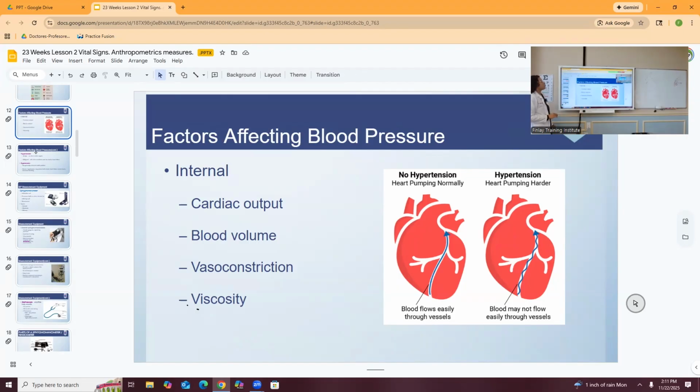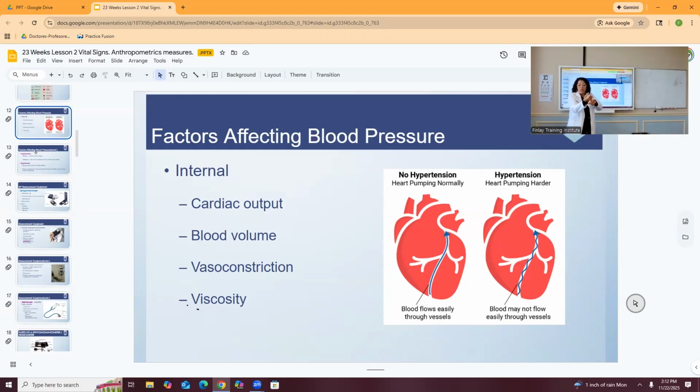What can affect the blood pressure then? When we measure the blood pressure, we have to take into account that the information that we're getting from the internal part of the body is the cardiac output, how that muscle is working, how well it's pumping and contracting, but also relaxing. A heart that is not relaxing completely is not able to fill that chamber completely.